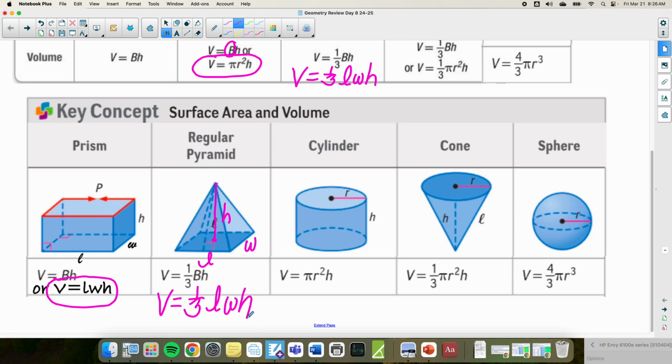For the cylinder, again, it's capital B, which is pi r squared, times height. Cylinder and cone are the same, except the cone has that 1/3. And then again, like I said, sphere you could see, and you would have to know that formula.